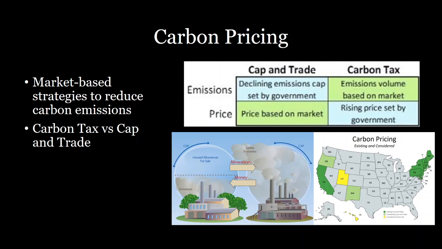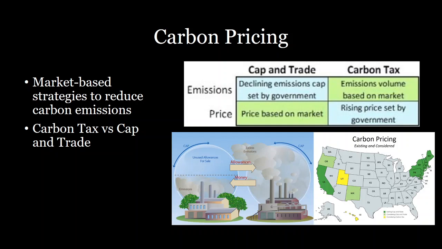On the other hand, in cap and trade, the government sets a cap for the total amount of emissions that they want to happen, and then they give out vouchers to companies that are emitting carbon, and those companies can reduce their emissions and sell those vouchers in order to make money, or if they emit more, they have to buy those vouchers in order to set a limit to the amount of carbon that's entering the atmosphere.